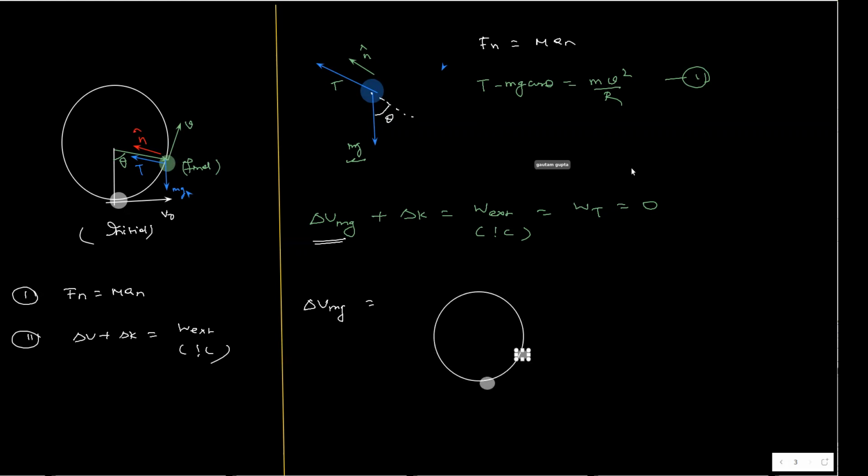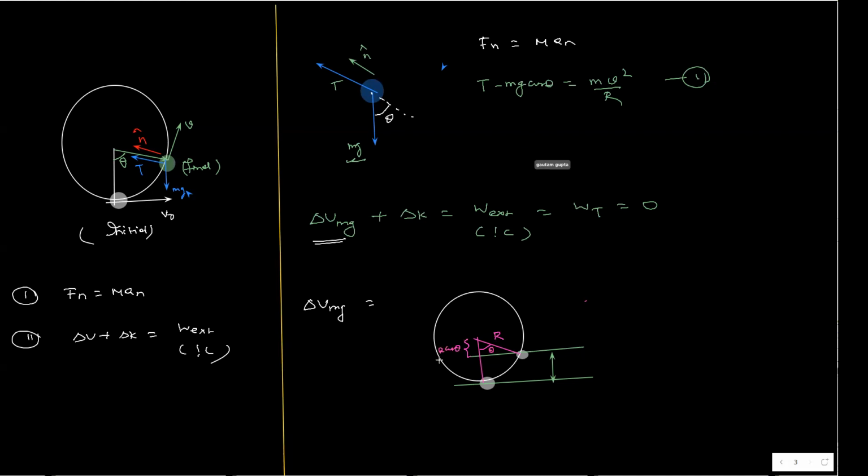So the change in height is this distance, and you have to find it geometrically. If this is the center, this distance is r, and this distance is also r, and this angle is theta. Then this much distance will be r cos theta.